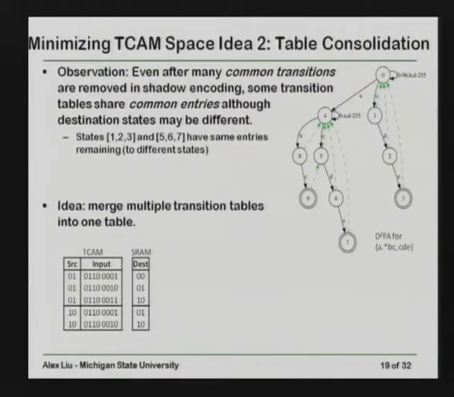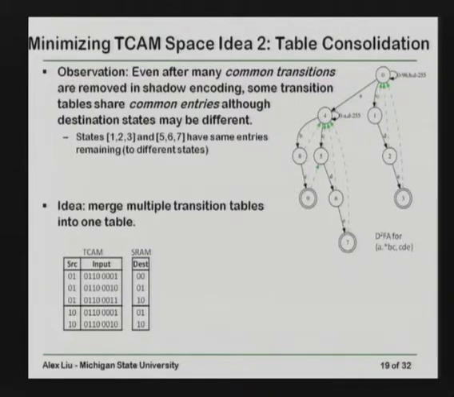Another idea for minimizing TCAM space is table consolidation. The basic observation is that even after many common transitions are removed in the shadow encoding, some transition tables may still share common entries in the input character column.